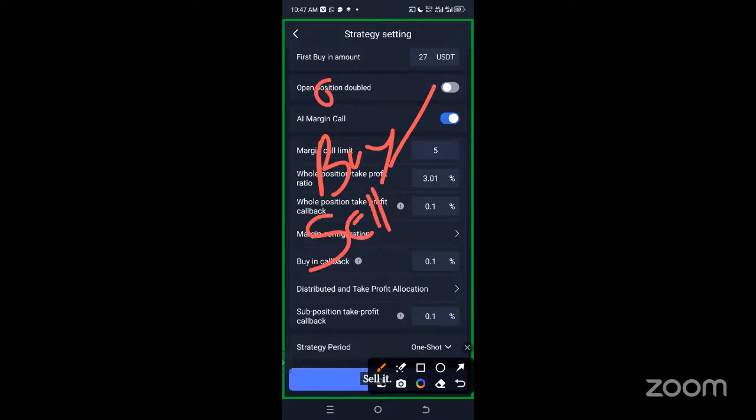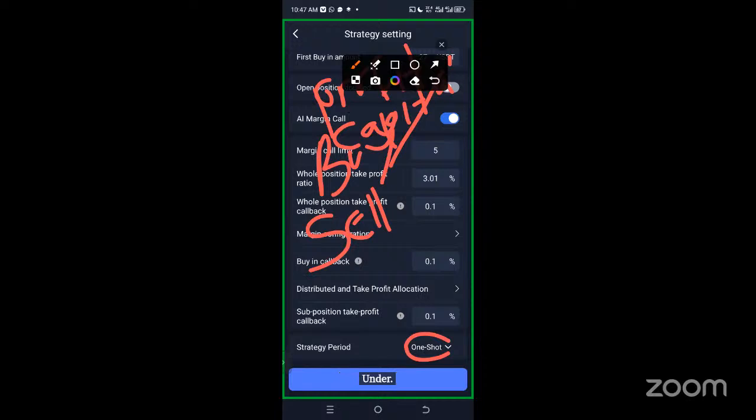Give me the profit made in the coin and the capital I invested in the coin, so that I go and trade another coin which is performing well or better in the market. In other words, under one shot, when the robot buys the coin and the market rises and the robot sells the coin, the trade is going to be cancelled automatically.